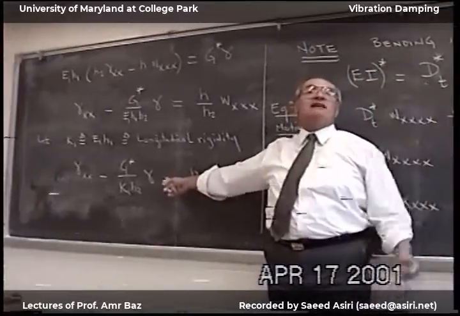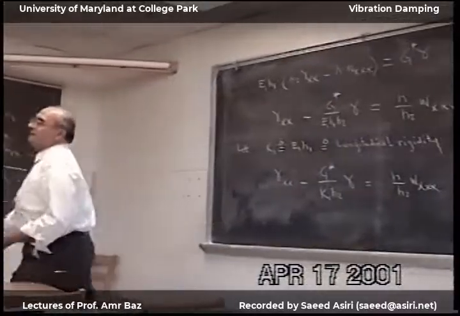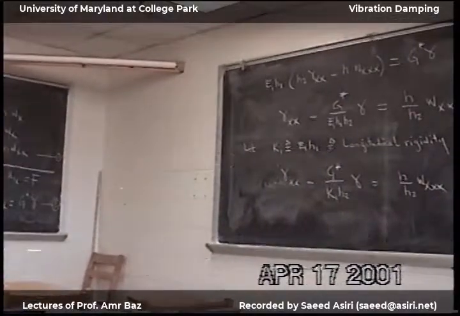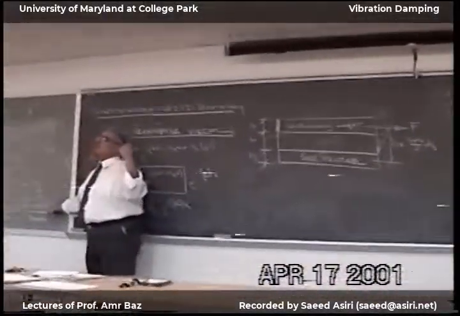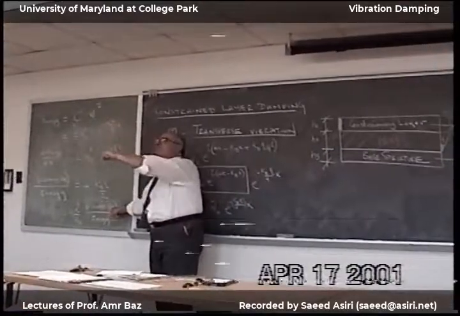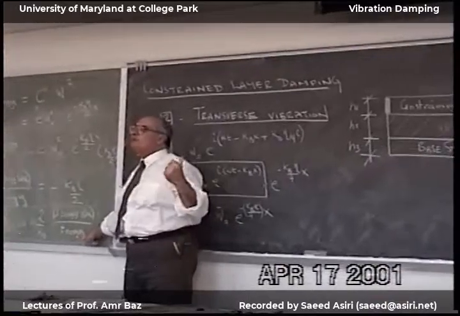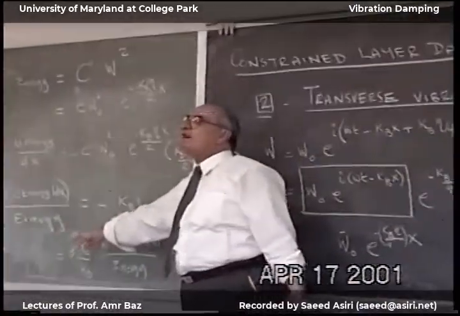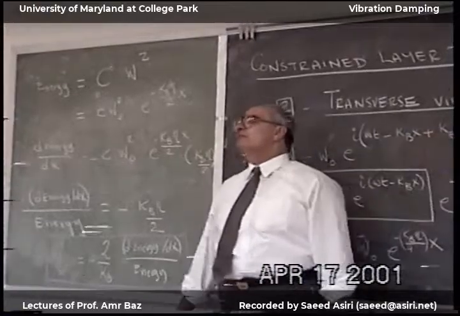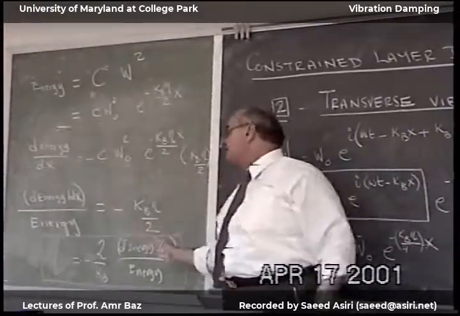We have the shear angle, we know how to determine this number from last lecture, pi g prime eta gamma squared. I know this number. We have the energy, we'll do it in 1 minute. We can calculate the loss factor for this system. This is all energy-based analysis.